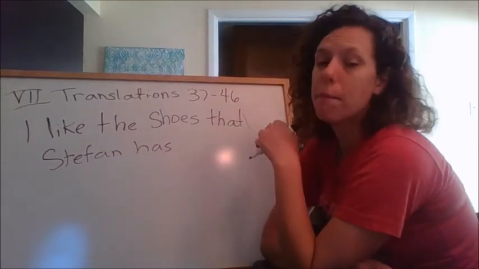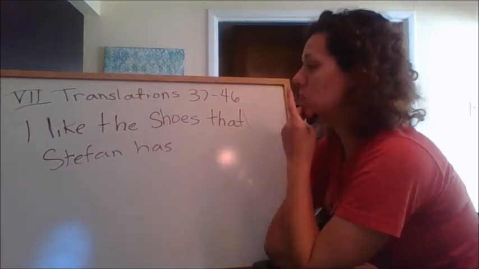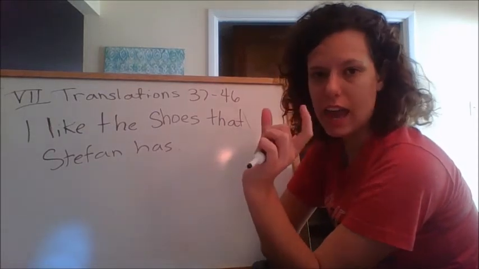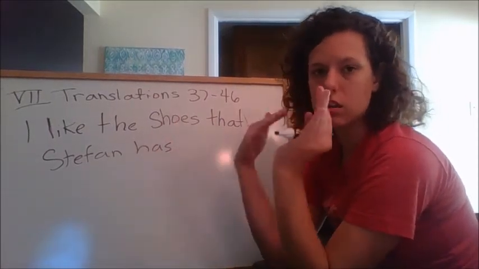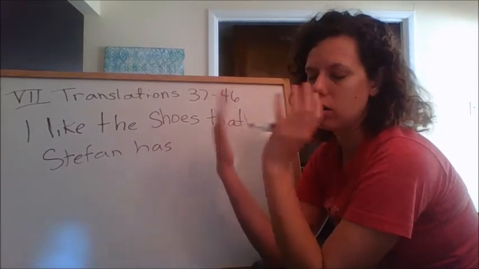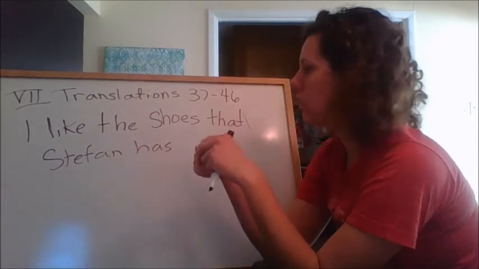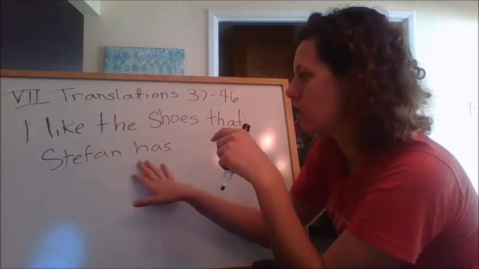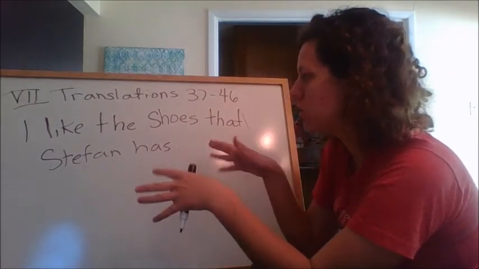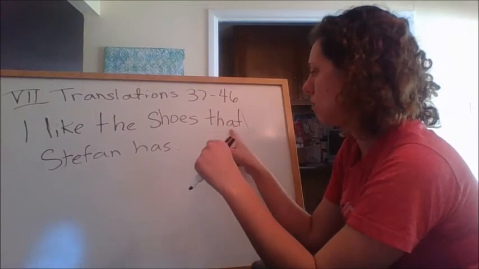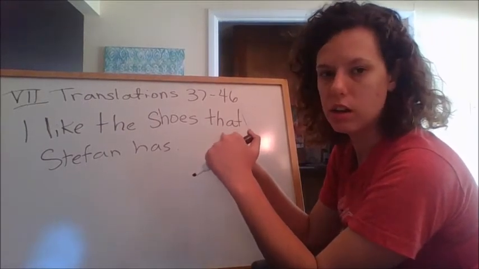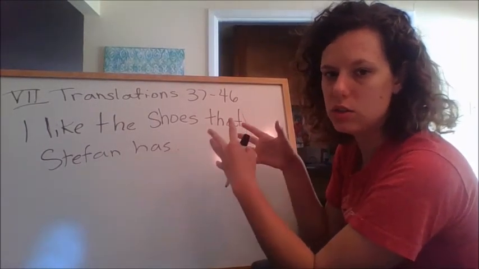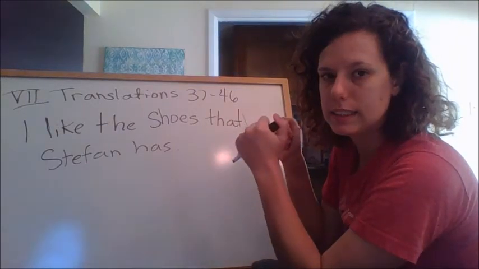Also, I forgot that we talked about the relative pronoun que. That was like linking separate clauses. Like you could say, I like the shoes. Stephen has shoes, and I like them. So this right here is going to be a relative pronoun que that links two sentences.